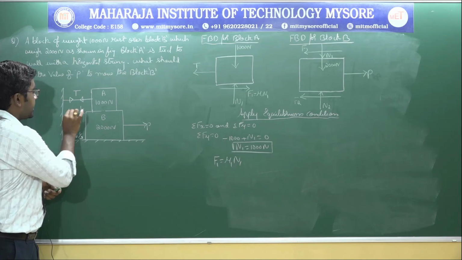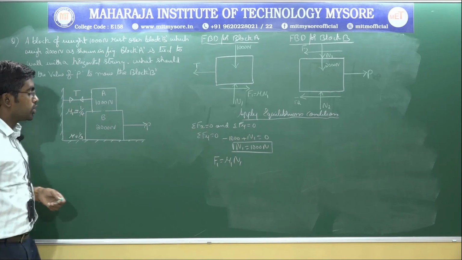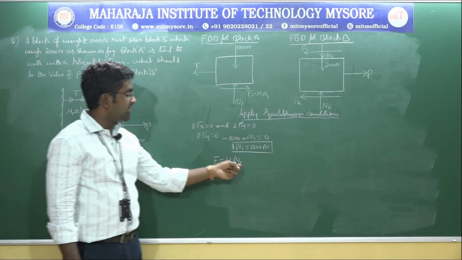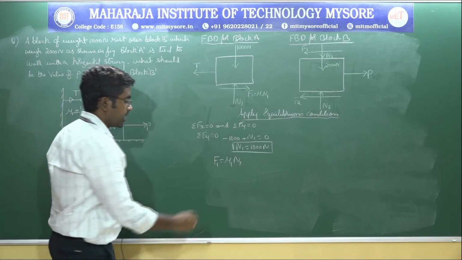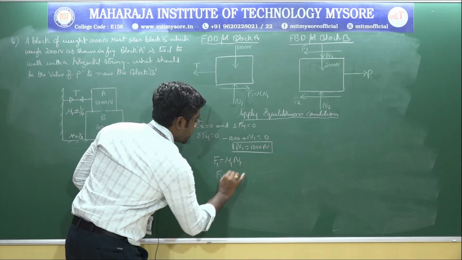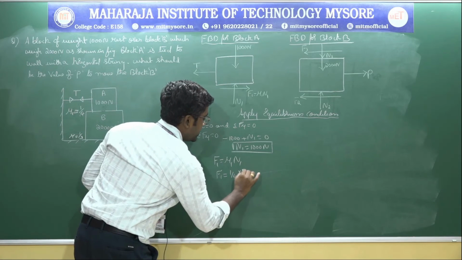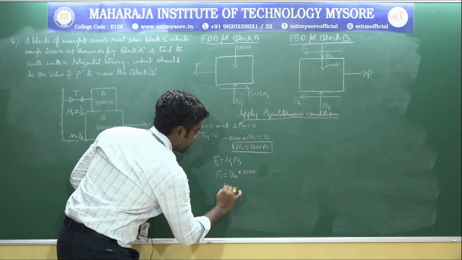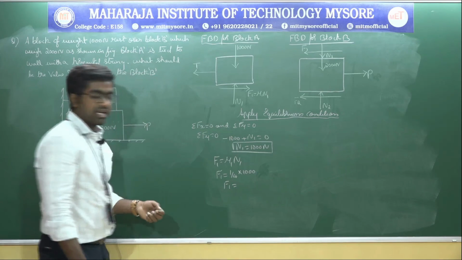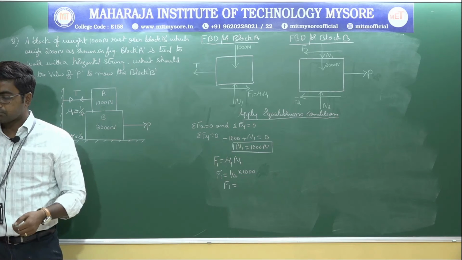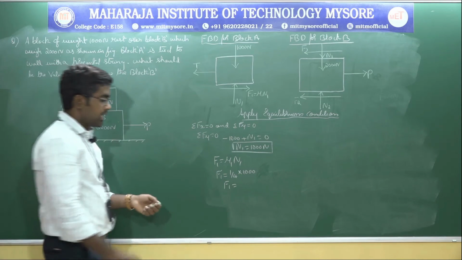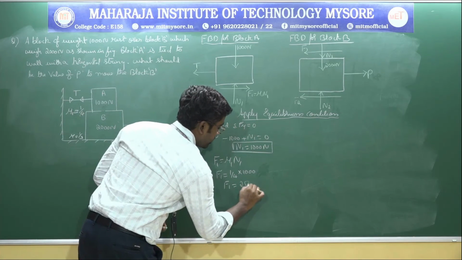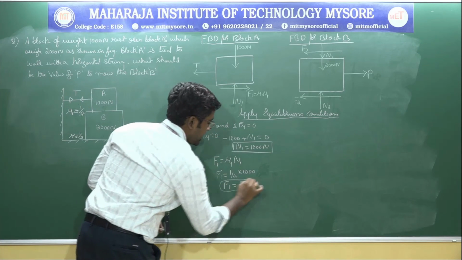And I know the value of N1 is equal to 1000 Newton. So F1 is equal to 1 over 4 into 1000. If you simplify this, F1 value will be equal to 250 Newton.